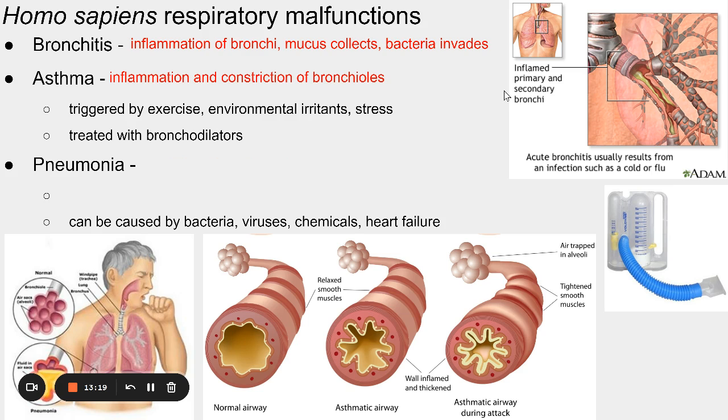An asthma attack can be caused by lots of different things: stress, environmental irritants, breathing in particulates and air pollution. Some people have exercise-induced asthma, where when they're exercising, they can have constriction of those bronchioles.